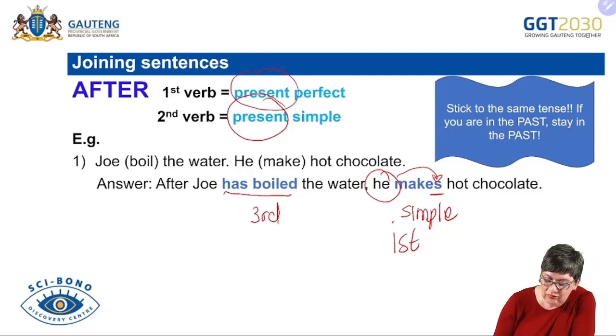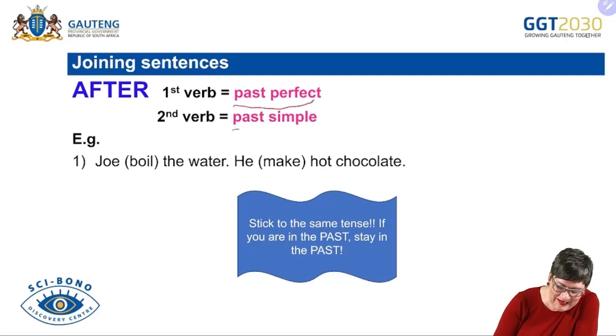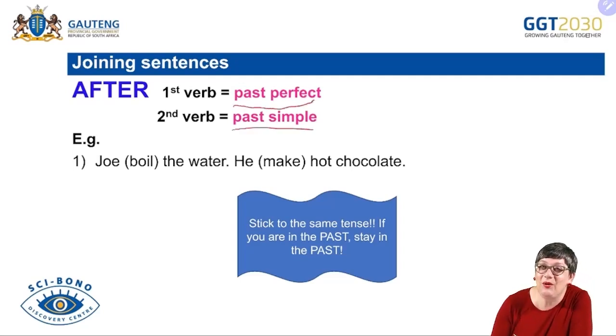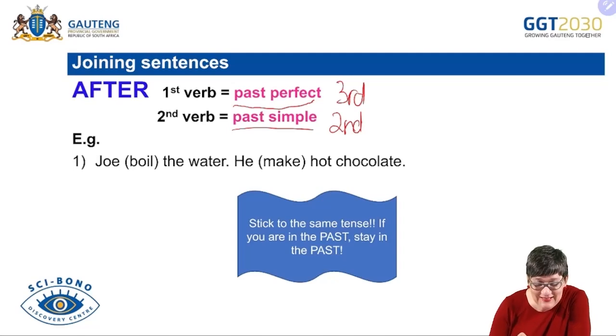But let's go one step further. What should happen if we do the past tense? Now, exactly the same thing is going to happen. Our first verb is going to use the past perfect tense, and our second one is going to use the past simple tense. So here we're going to use the third column verb, and here we're going to use the second column verb. Let's see. Got the same sentence.